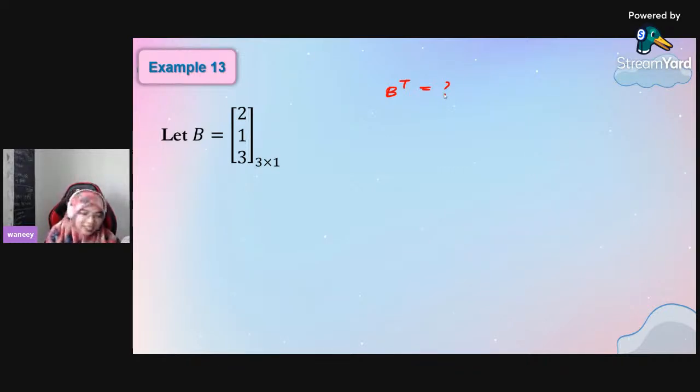So 10 seconds. 10, 9, 8, 7, 6, 5, 4, 3, 2, 1. Beep. Okay, so B transpose. So instead of having a column matrix over here, the B transpose will become a row matrix. So it will become 2, 1, 3.